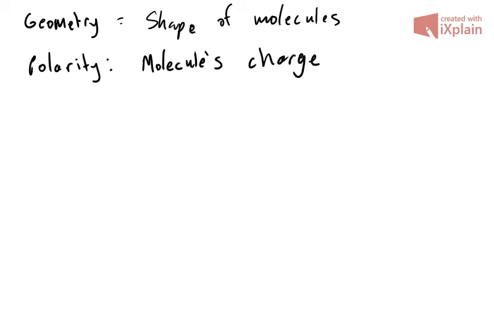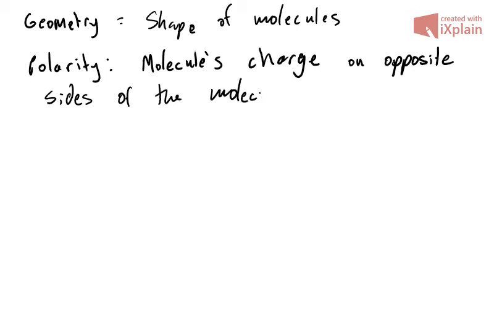So the polarity is a molecule's charge on opposite sides of the molecule. This is key, and we'll find out why later. So on a molecule, you not only have to have opposite charges, but they have to be on opposite sides of the molecule.